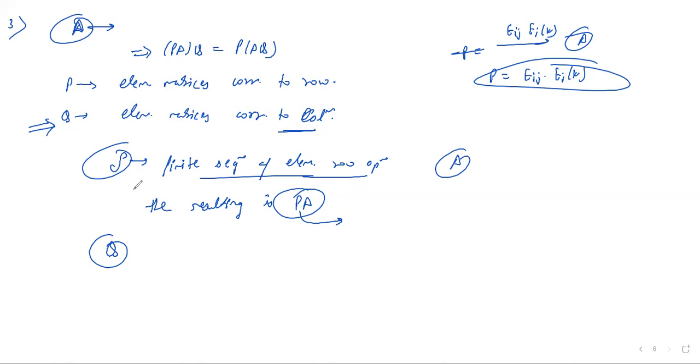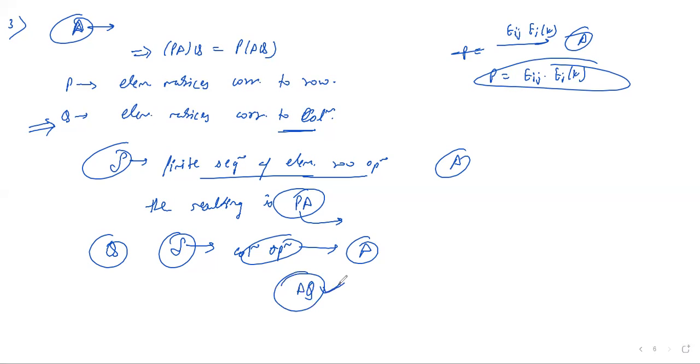So let's take the set S, which is a finite sequence of elementary column operations on the matrix A. Then the resulting matrix after all the column operations is AQ, because for columns we use post-multiplication. So we multiply the elementary matrices Q on the right of the matrix A. So these are the elementary matrices corresponding to rows and to columns.